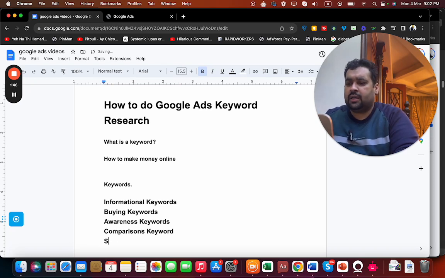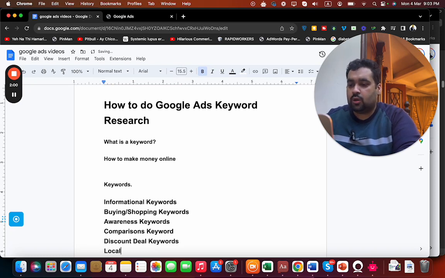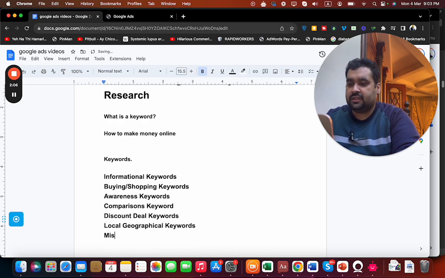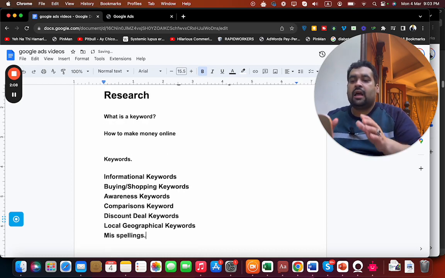I can also label buying as shopping keywords, then discount deal keywords, local geographical keywords, and misspellings. I believe these are a few of the common categories for keywords.